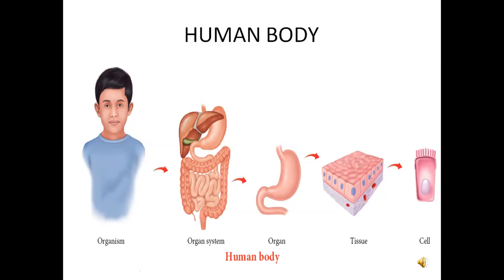Many types of organ systems function together in a body, for example, the respiratory system, digestive system, excretory system and circulatory system, etc.